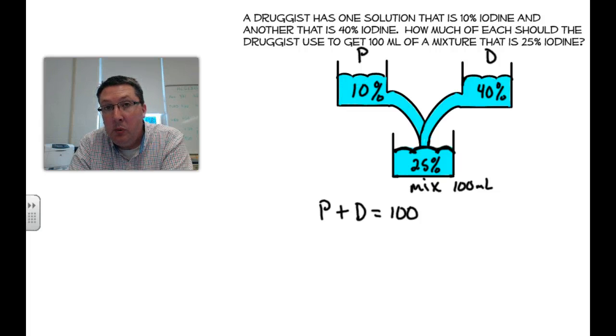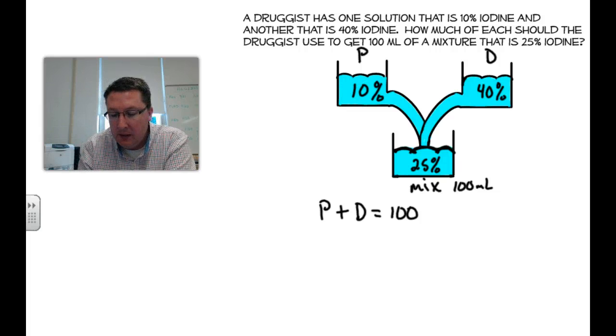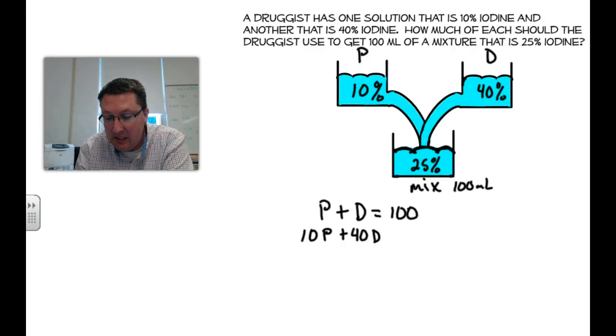Okay? Second equation, we use the percentages. Again, keep the percentages as whole numbers. It works so much easier than the decimals. Okay, so our pouring solution is 10%, so I take 10 times pouring. The dumping solution is 40%, so I have 40 times D equals the total mixture, which is 25% times the number of milliliters in the final mixture, 100.